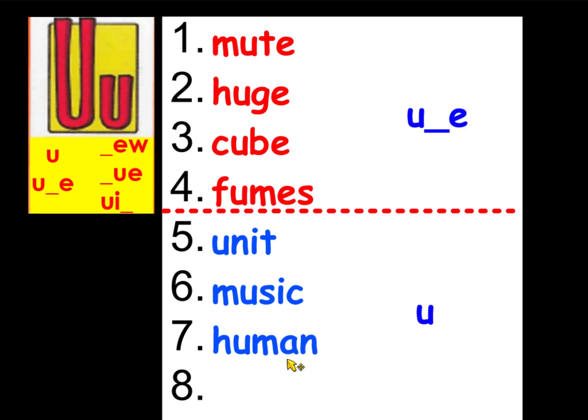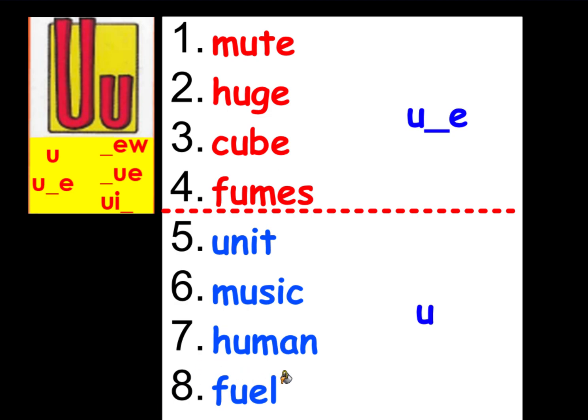Human. Schwa. And number 8, fuel. Gasoline is fuel for my car. Food is fuel for me. Fuel. If you get this without me showing you, I'll be surprised. It's a hard one. Fuel.